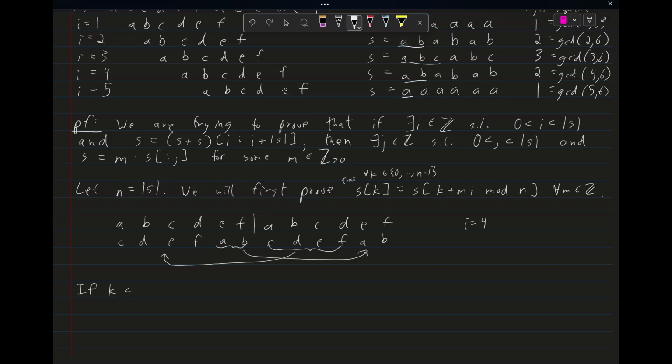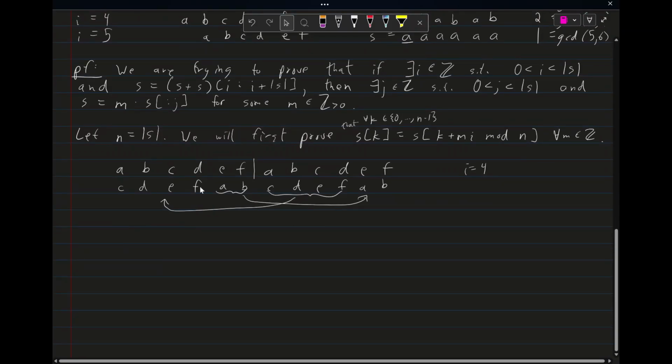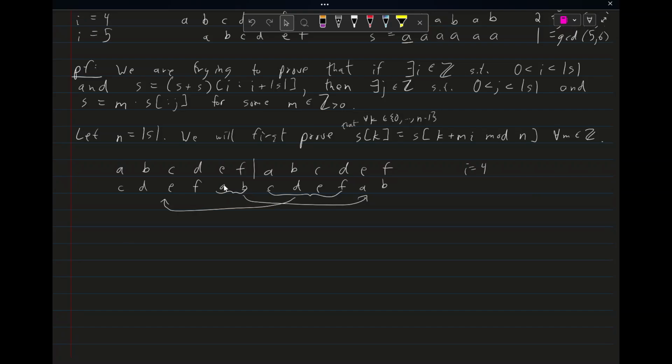Let's write this out. What we're saying here is that S0 equals Si. We can break it up into these.